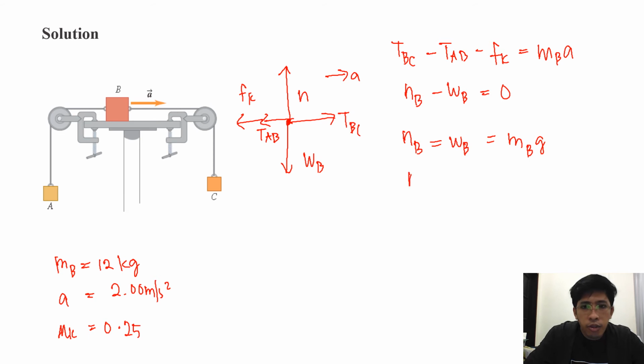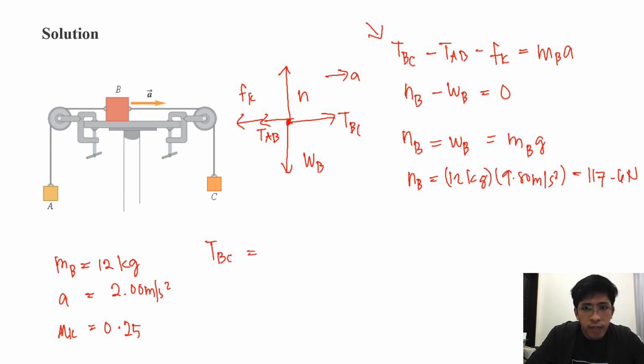So your normal force is that 12 kilograms times 9.8 meters per second squared, and you get a normal force equal to 117.6 newtons.